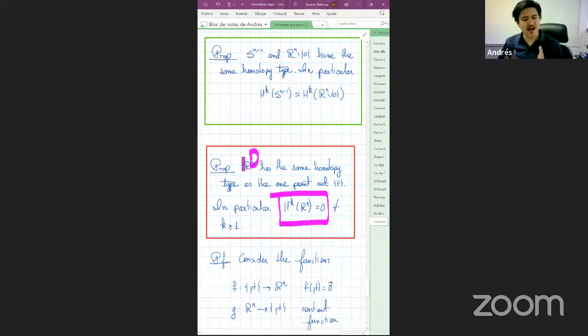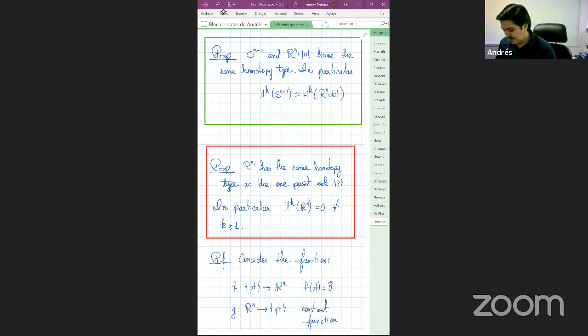We considered a 1-form and showed that it was exact. So for n equals 1, this is something that we have already computed using the definition of de Rham cohomology, closed forms over exact forms. Okay, so I forgot to mention that.